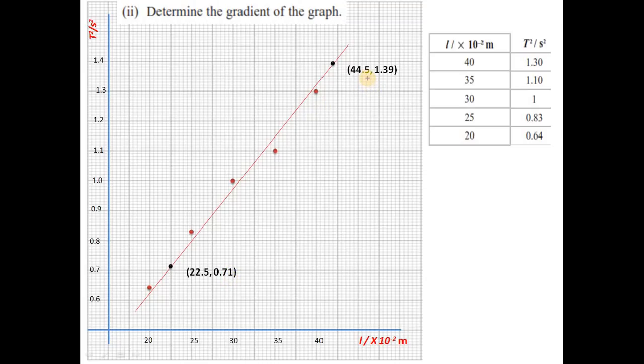So I can say that the gradient of this line will be equal to y2 minus y1, so 1.39 minus 0.71, divided by x2 minus x1, so 44.5 minus 22.5.